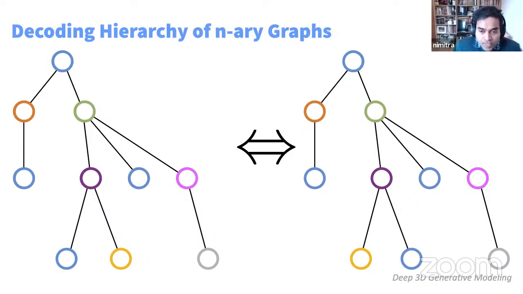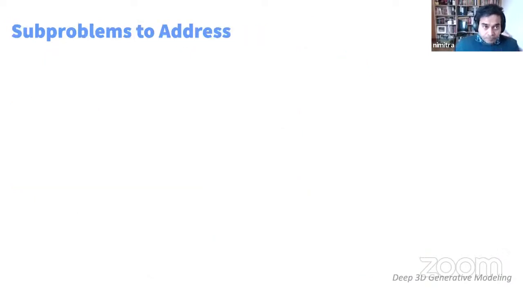The third problem is, if we look at the original graph and the decoded graph, you see that the order of the nodes may not be the same. They may have a permutation in that. So our method or the loss function has to be invariant to this permutation. And finally, we might have 2 nodes as children, k nodes as children, etc. that we have to handle.